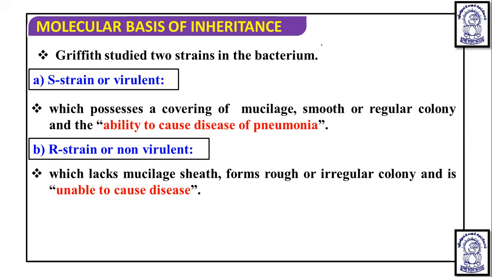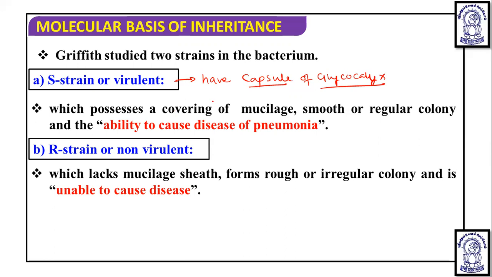The important thing is why they give regular or smooth colonies and why the S strain is able to cause disease: because they have a capsule of glycocalyx. We know that glycocalyx can be a capsule or a slime layer.